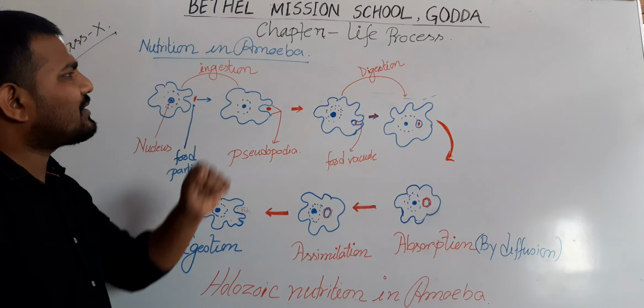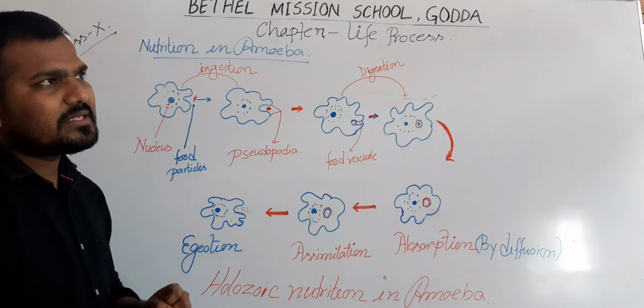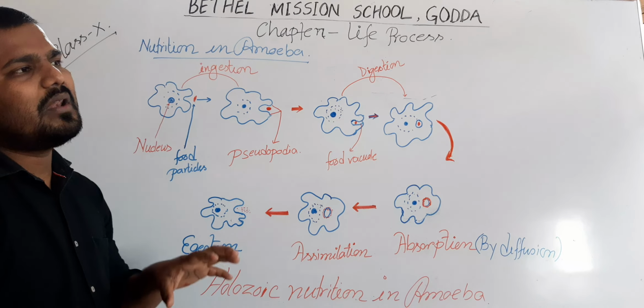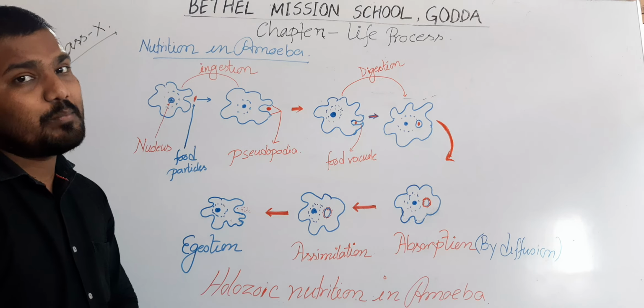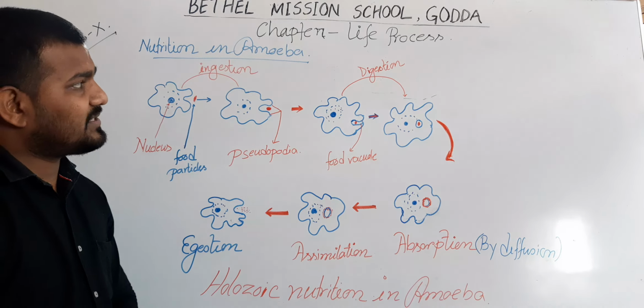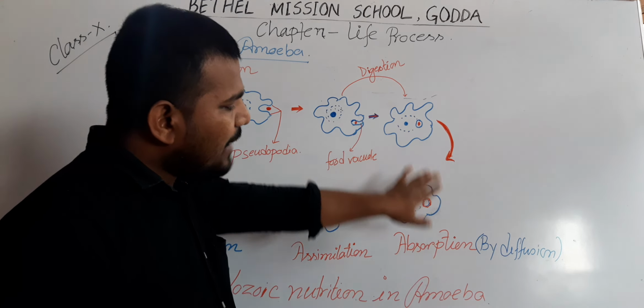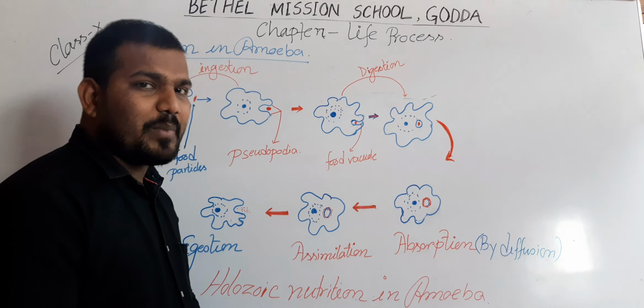Intake of food is known as ingestion. Digestion means the insoluble and large food particles are broken down into simple and soluble particles by the presence of enzymes. Absorption: the liquid food is absorbed by the organism.